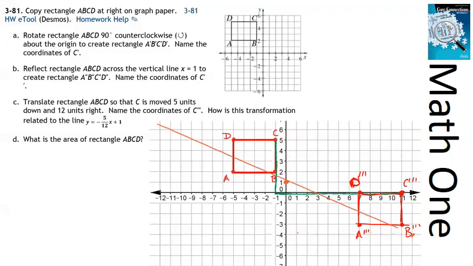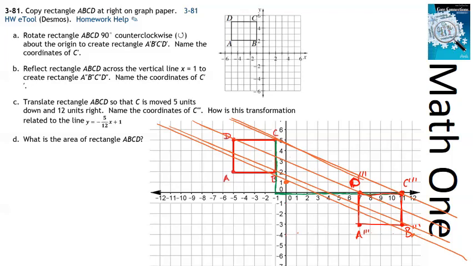What's interesting about that is if I was to draw any of the lines, for example the line from C to C triple prime, and the line through D to D triple prime, this line right here, and I could do the same thing with B to B triple prime, what ends up happening is all of these lines have the exact same slope of down 5 over 12.